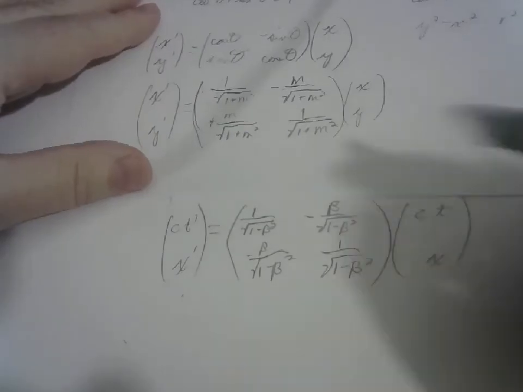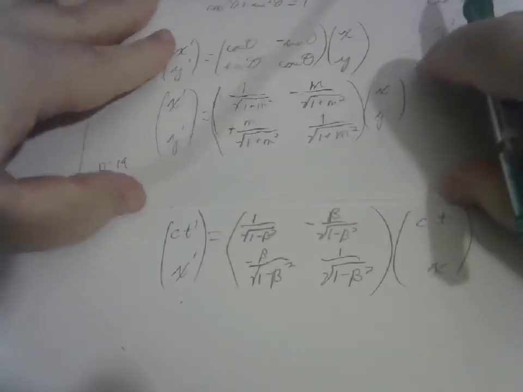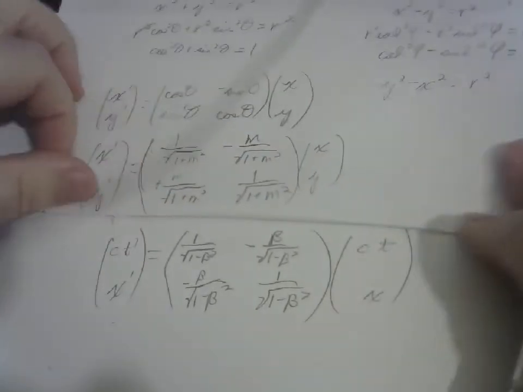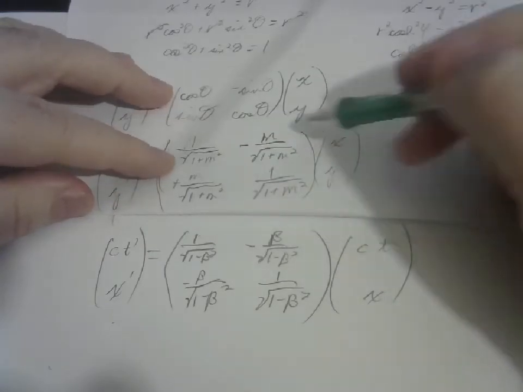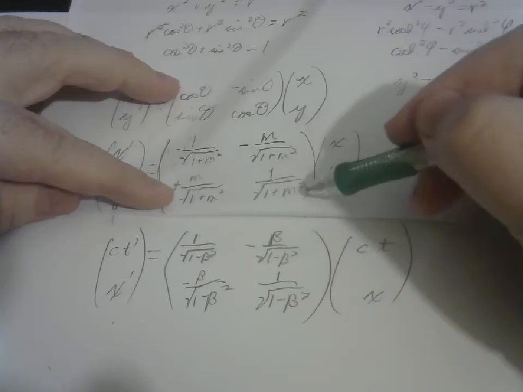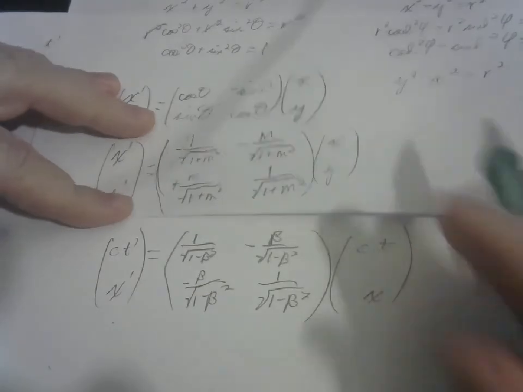We have 12. Notice the similarities between this equation and the one we derived for rotation. We've got 1 over the square root of 1 plus m squared, negative m over 1 plus m squared. All the positive m squareds are basically negative beta squareds.